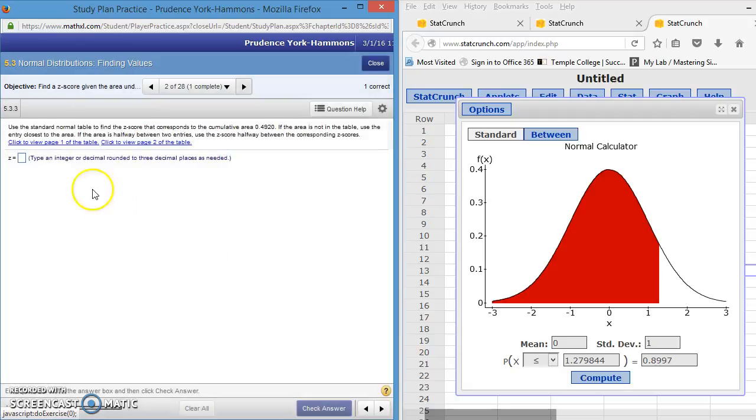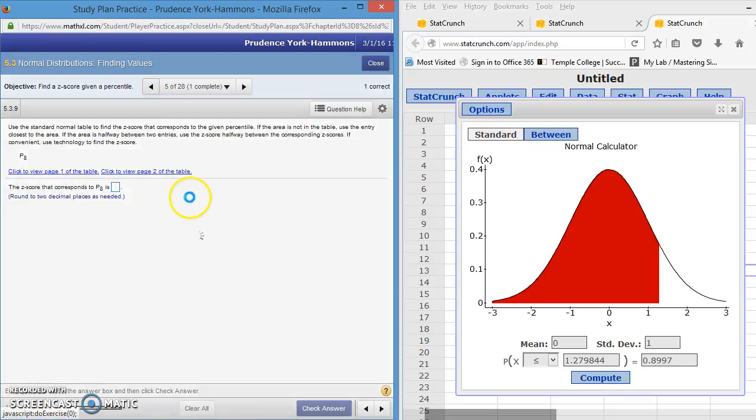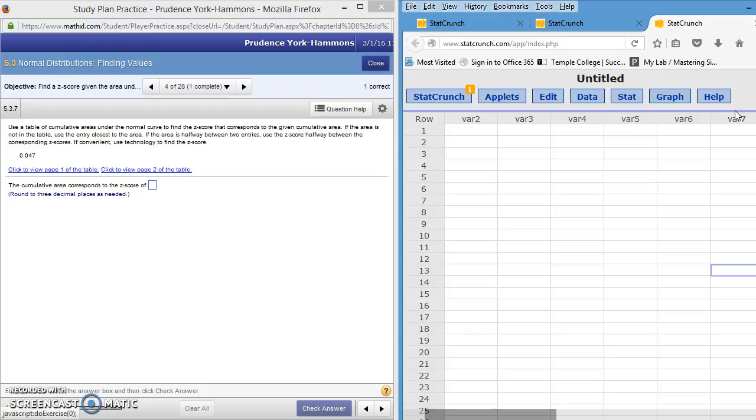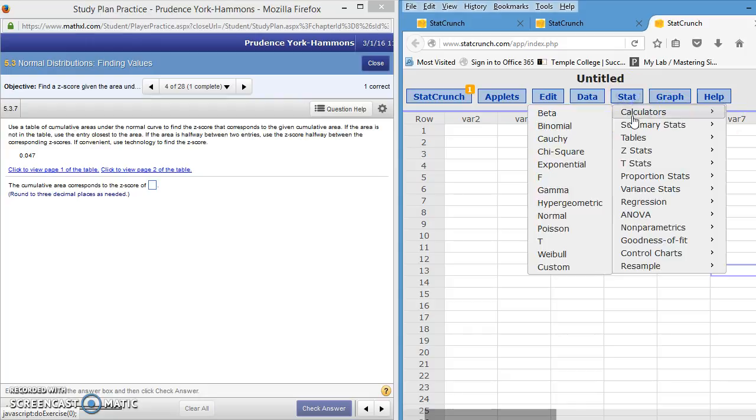So this one's going to be pretty similar. I just thought I would try another one of these. They tell you that we want to find the z-score related to a cumulative area of 0.047. I'm going to close this calculator off because that was a different problem. I'm going to open it back up.